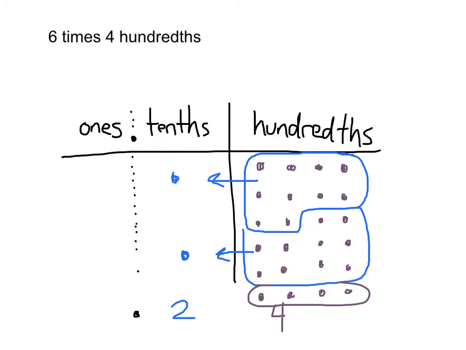So, coming up here, 6 times 4 hundredths equals 24 hundredths. And that's how you would do that and show that with a picture.